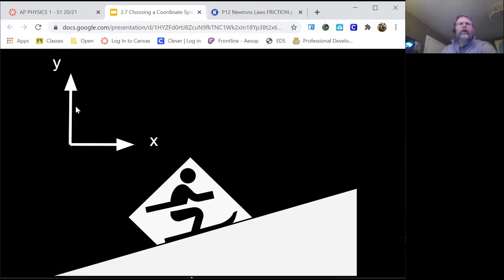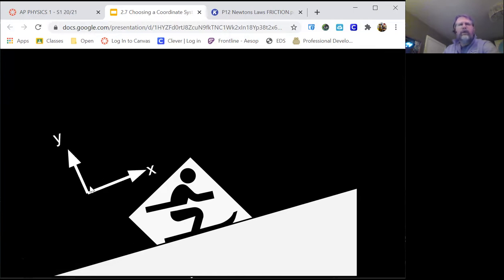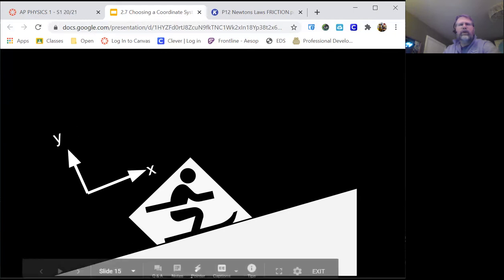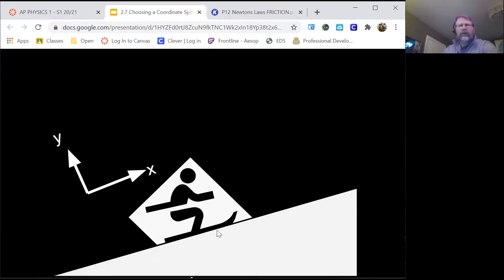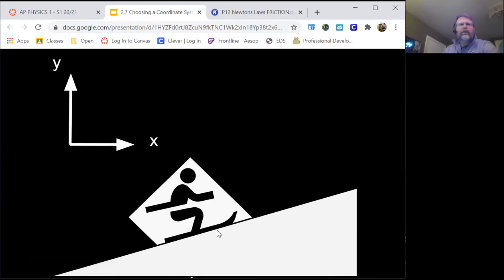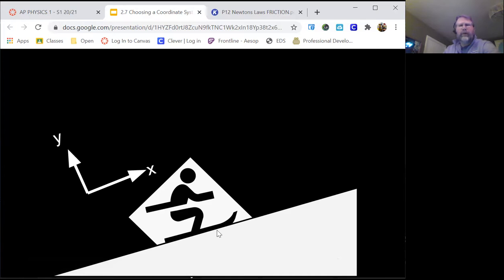Now we could set it up in the normal XY coordinate plane, or, this is the new piece, we could change the coordinate plane so that it is now horizontal with the surface. So the question becomes, which of these is an easier mathematical process?